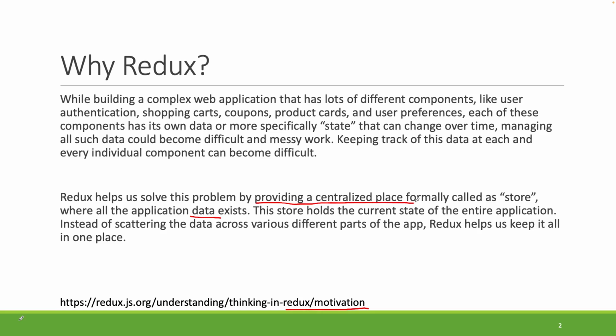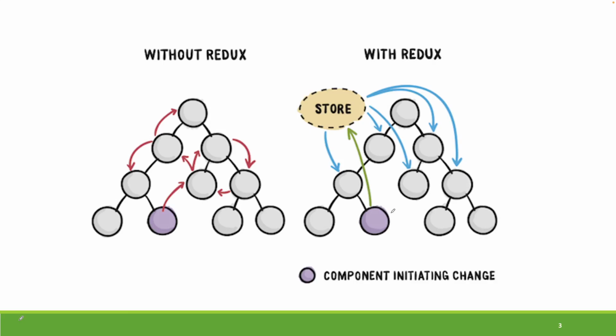Okay, so here I have a diagram which talks about with Redux and without Redux. Suppose this is our React component tree structure. This could be our app, which is the root, and we have so many different components that are talking with each other. Suppose this is a red purple component.